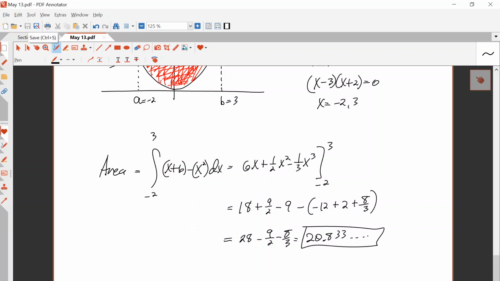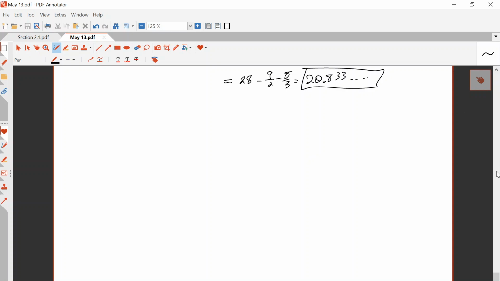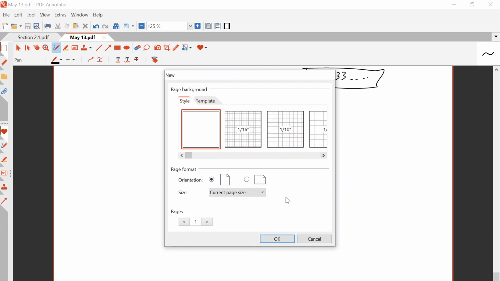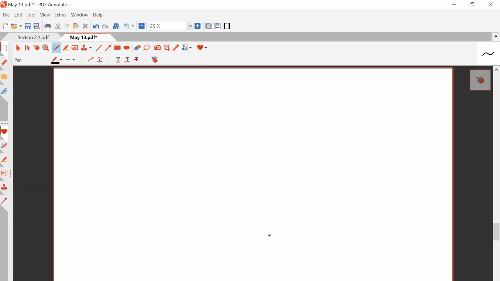Let's look at another one. How about this? So find the area shown.